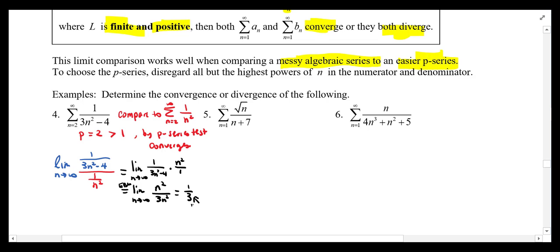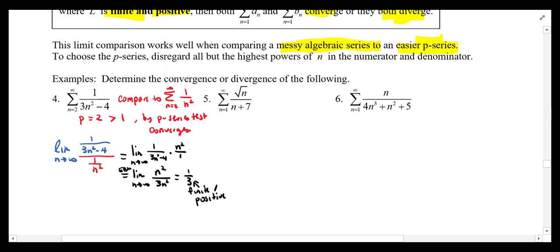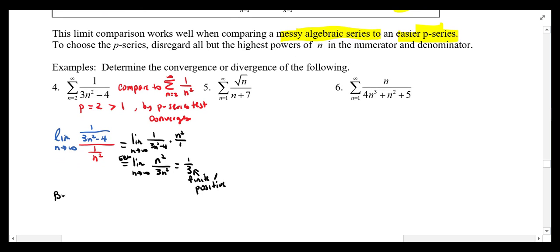1/3 looks to be finite and positive. So what does that mean? By the limit comparison test, can you guess what the abbreviation is for this one? Got it, LCT. What do we know?